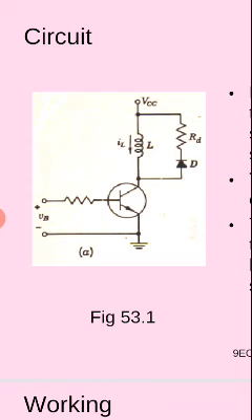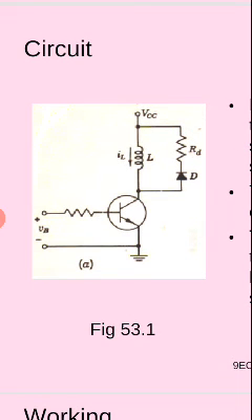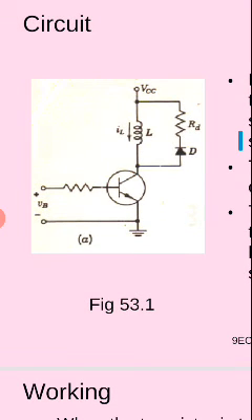At the collector of this transistor there is an inductor coil, that is L, and parallel to that a resistor RD and a diode are fixed, and VCC is applied.